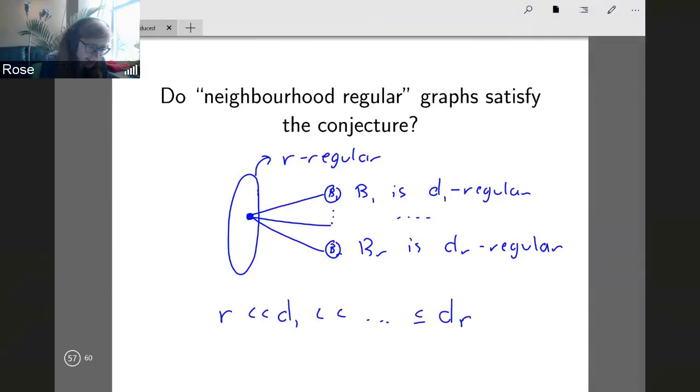And I'm interested in if these graphs satisfy Thomassen's conjecture. And I'm even going to let you say that D1 is as much larger than R as you'd like, and D2 is as much larger than D1 as you'd like, and so on. And this is really tricky because the random constructions tend to have a few short cycles already, as in smaller than n.